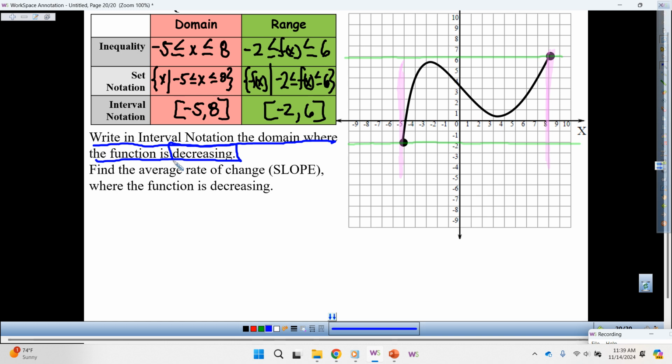Between what X values is that function going downward? -2 is right here, almost. -3 is over here.